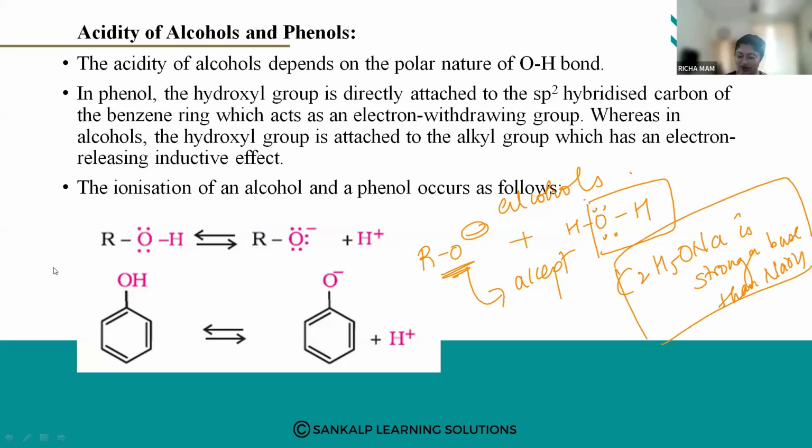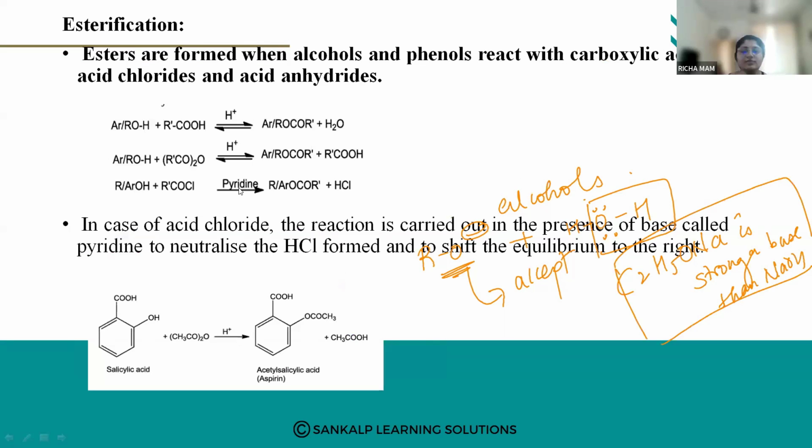So this is about your alcohols. Is it clear up to here? Esterification and other reactions we will see in the next class. Any doubts up to here? We have discussed the physical properties, alcohols and solubility, and then we started with the chemical properties.